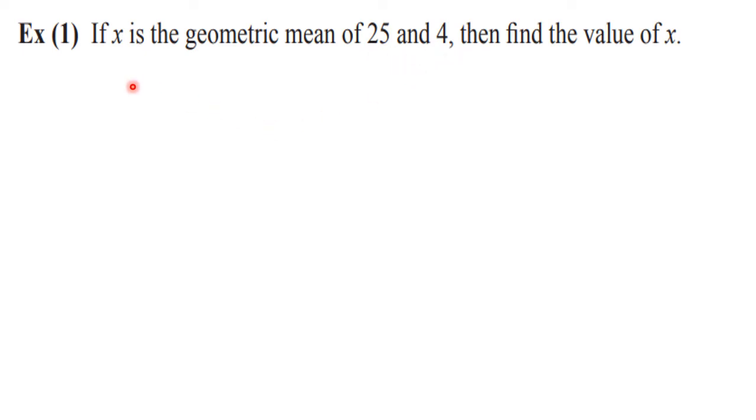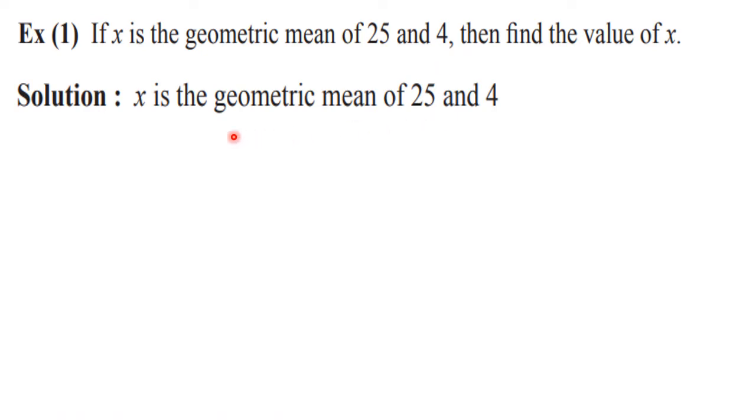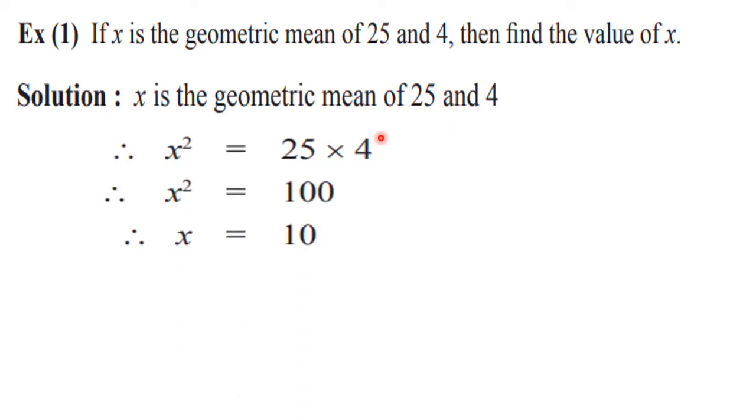Okay. So when x is the geometric mean of 25 and 4, we can write down that x square is equal to 25 into 4. So write down the first statement from the question that x is the geometric mean of 25 and 4 and therefore x square is equal to 25 into 4, that is 100, and from that x we will take as 10.